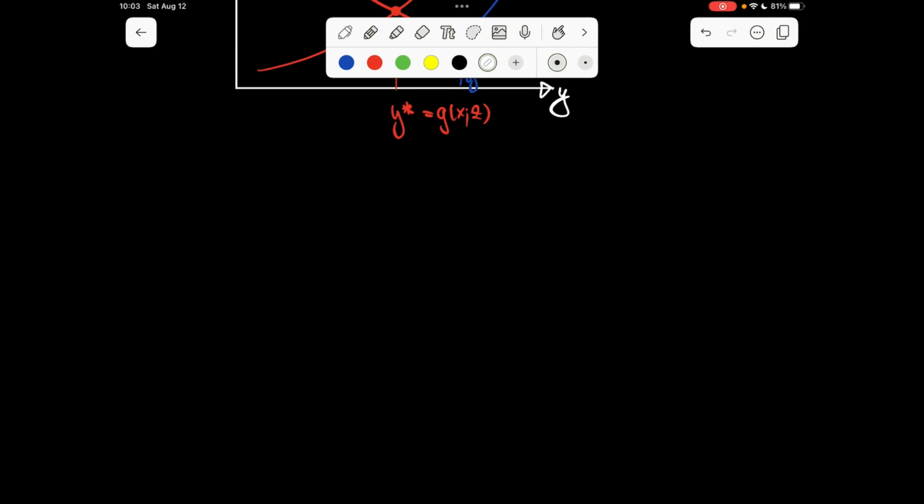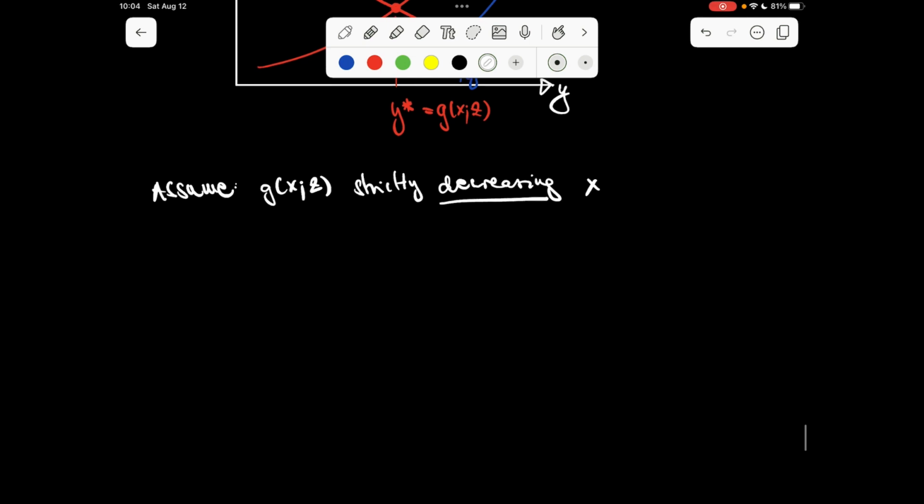How to do this? Let's assume that policy function g is strictly decreasing in x, and try to find a contradiction.